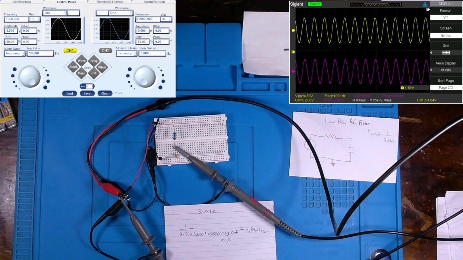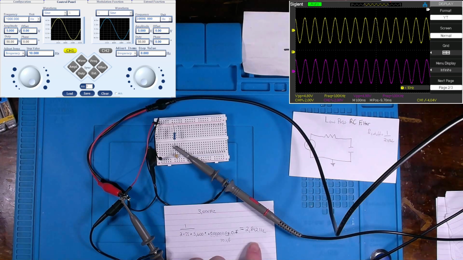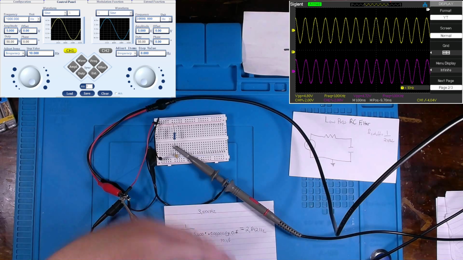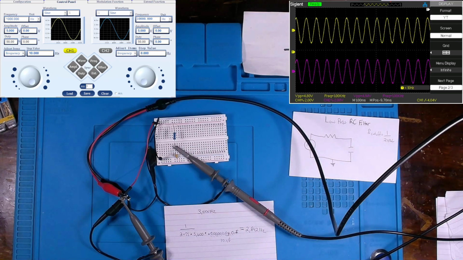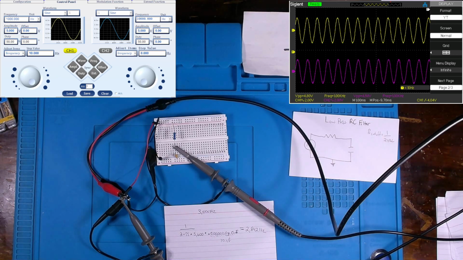All right. And so I don't want any frequency above this to really come through my speaker per se, right? I want to start attenuating those higher end frequencies. Now, in an ideal world, right?